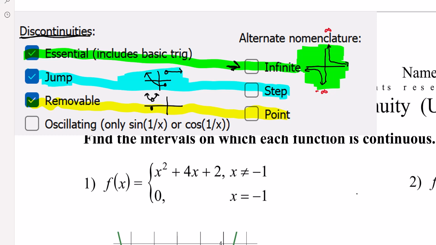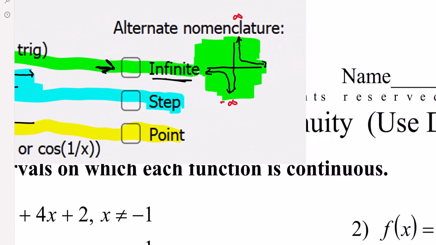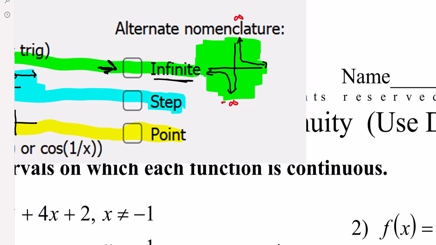So let's look at this first one, essential. Another name for essential is infinite, and that is when you have a graph that has a vertical asymptote and the graph on either side of that asymptote is headed towards infinity. Maybe this graph looks like this instead, but that would still be an example of infinite or essential discontinuity.